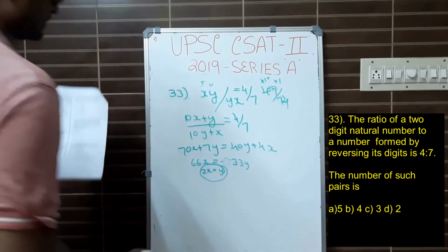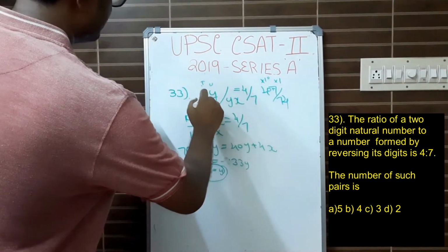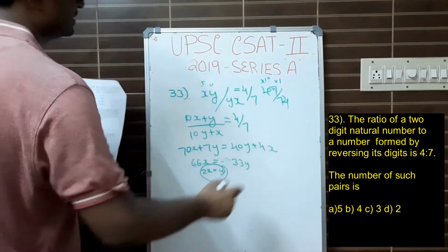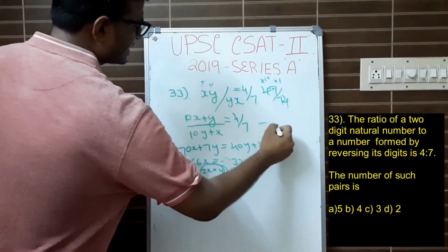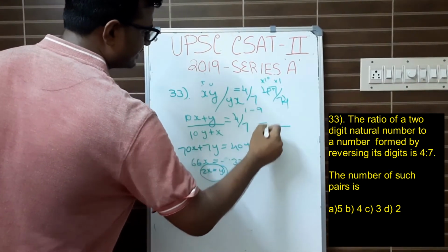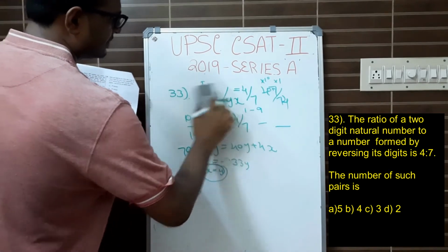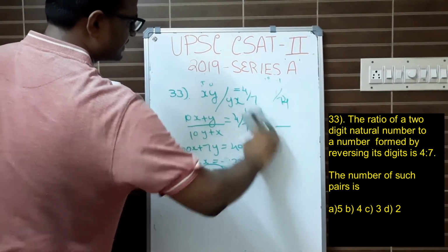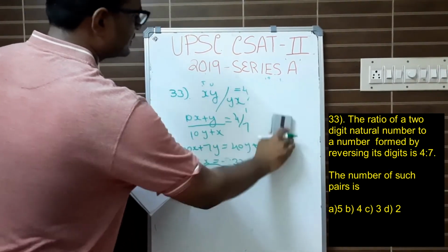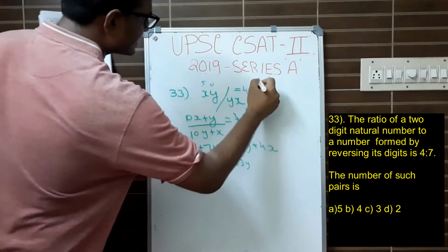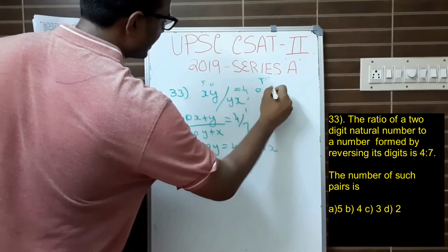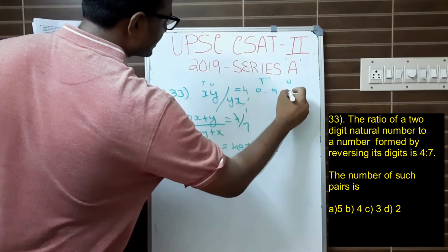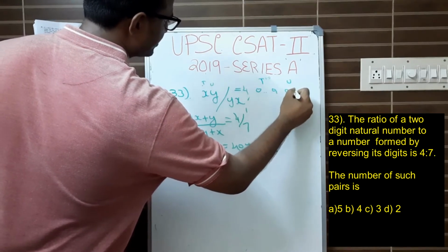So if you have a two-digit number, then the tens place number can vary from 1 to 9, and units place number can vary from 0 to 9.